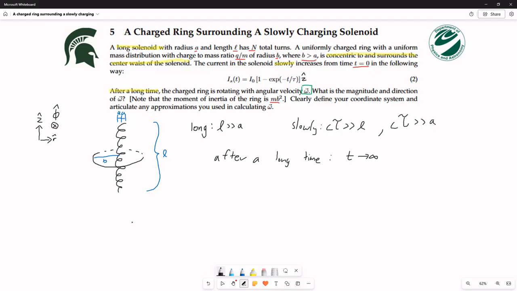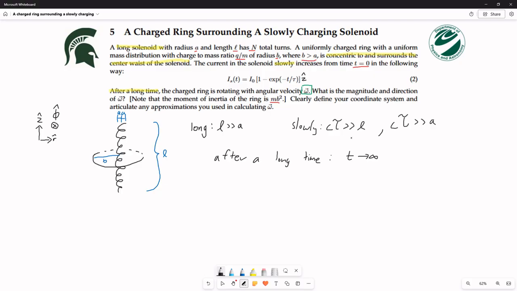We have the long solenoid, which says that its length, which is distance L, is much longer than the radius A. We also have slowly in regards to how the current changes, and that is just to say that we don't want any variations in the electric field.